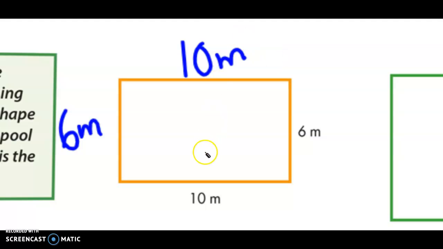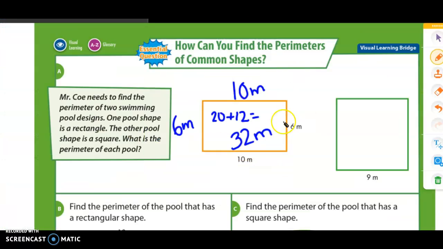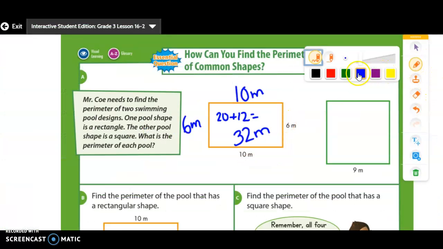You can multiply, or you can just add up all the sides to figure out what the perimeter is. I know that 10 times 2 is 20, and 6 times 2 is 12, and 20 plus 12 is 32. And I know we're measuring in meters. So the perimeter of this guy is 32 meters.